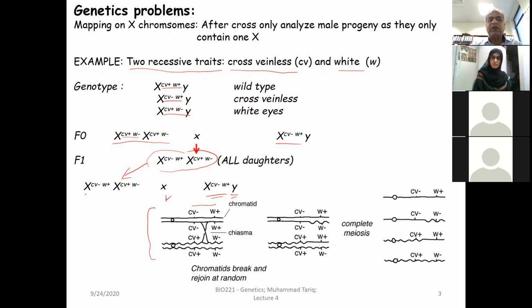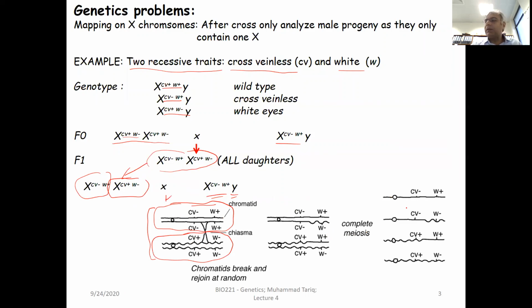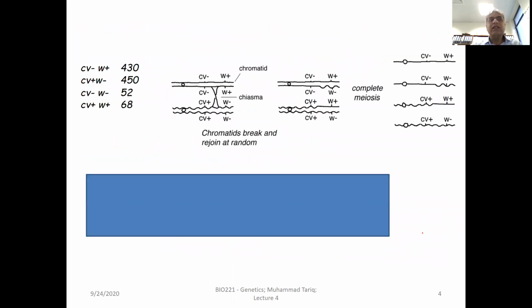If you have this chromosome and this chromosome, and they are at a reasonable distance, after recombination, in the next generation we'll get these. We can easily predict the gametes based on phenotypes. You calculate the numbers.